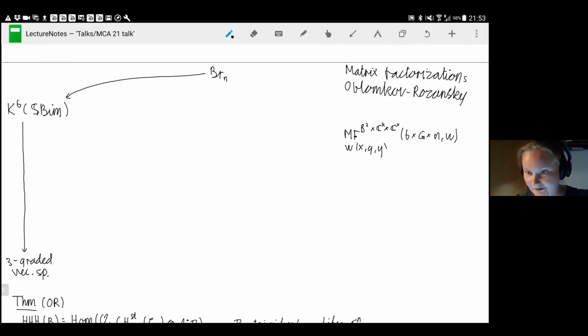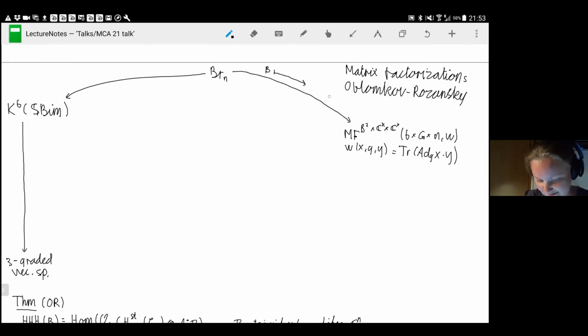Once I'm done drawing my diagram, I'll explain what this really means. So what they do is they take a braid, and to this they associate a matrix factorization, whatever that is. Let's just denote the corresponding matrix factorization by C beta.